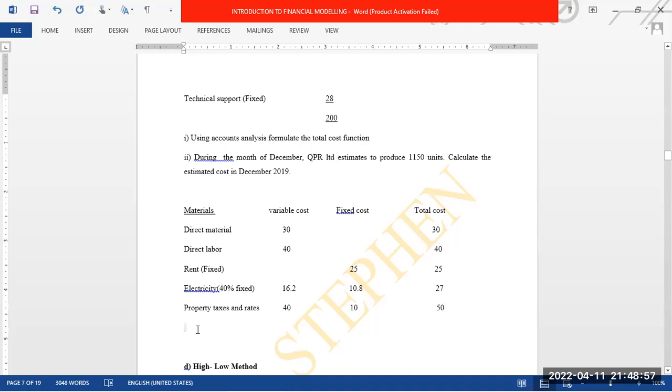Last but not least, we have technical support, fixed. This is a fixed cost. Technical support, in bracket fixed.